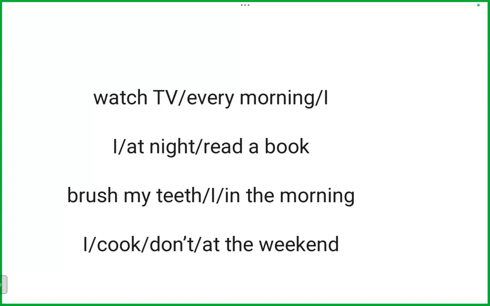Okay, so let's begin. Narcisa Cantor, could you please help me with sentence number 1? I watch TV every morning. Thank you. Melissa Ruiz, sentence number 2.